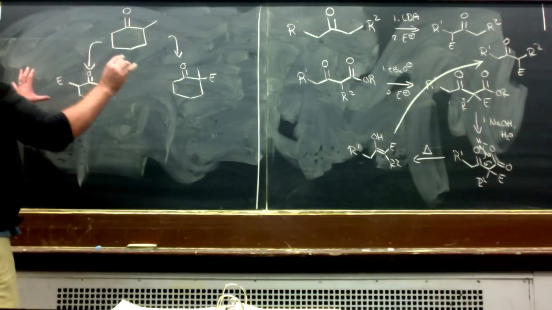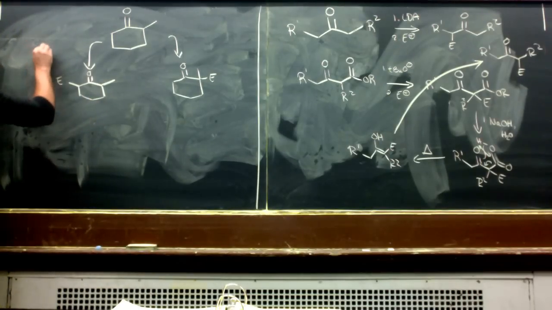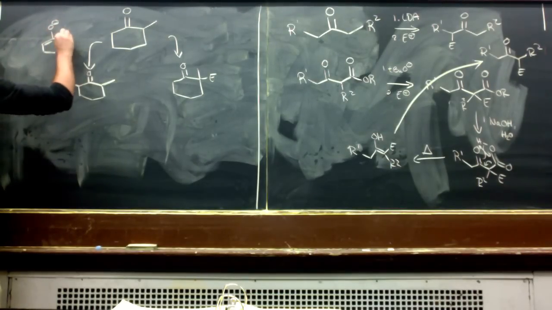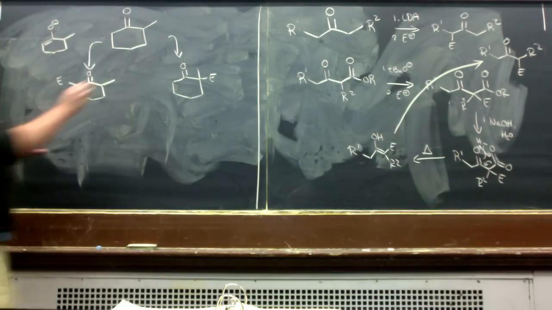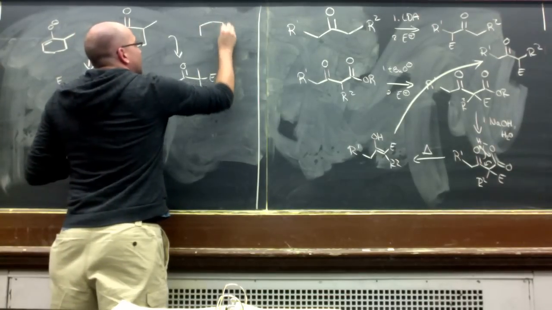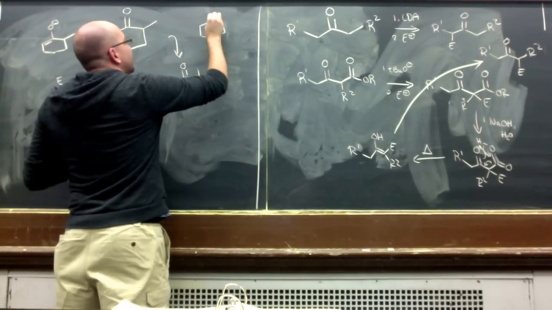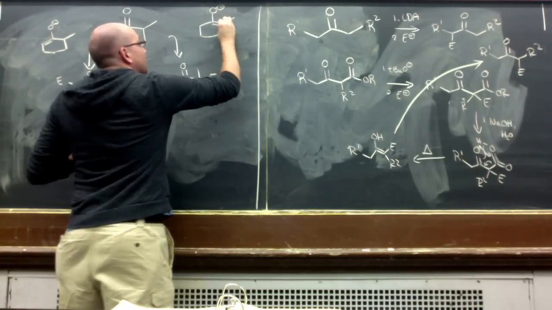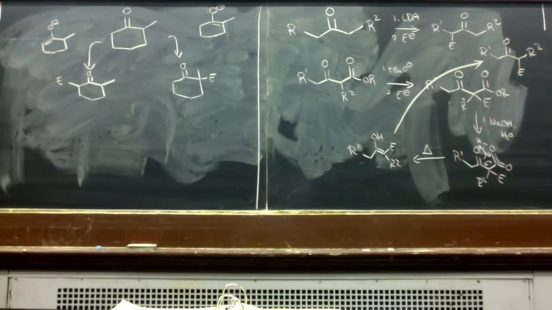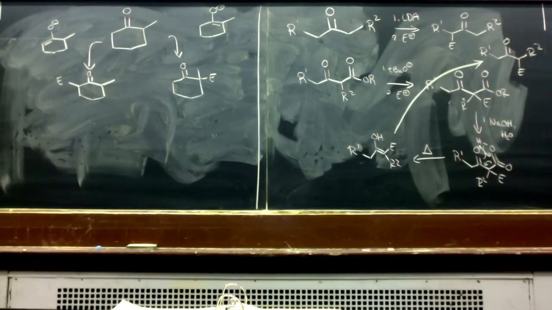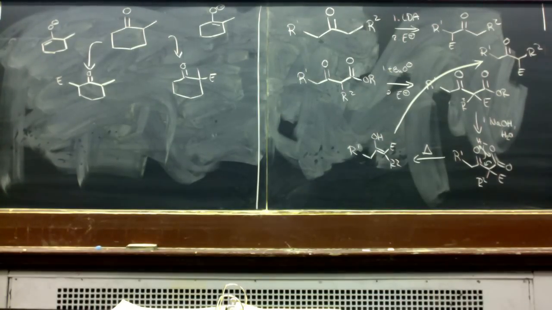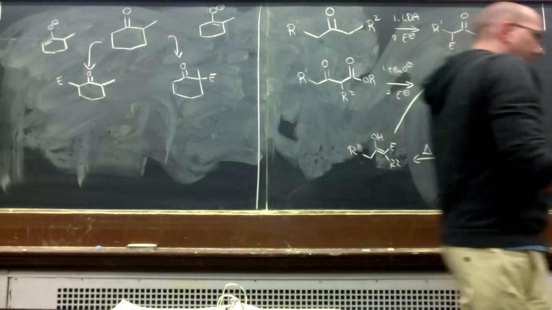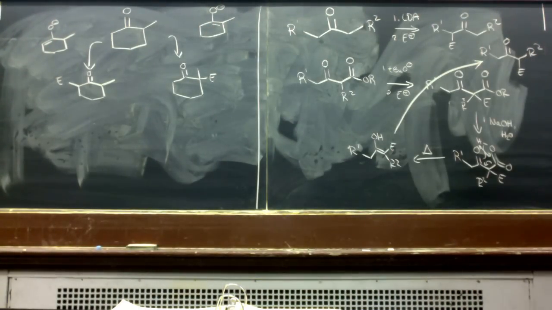In both these cases, really what it comes down to is the generation of an enolate, right? And so whether it's this enolate or whether it's that enolate right there. Okay, so those are the two different enolates. Now, this is perhaps one of the first times we're going to see thermodynamic versus kinetic control.